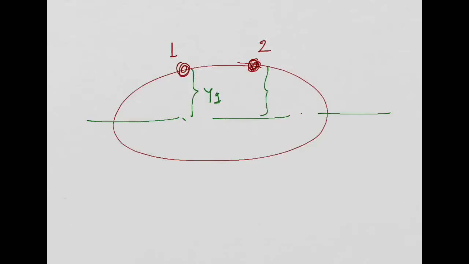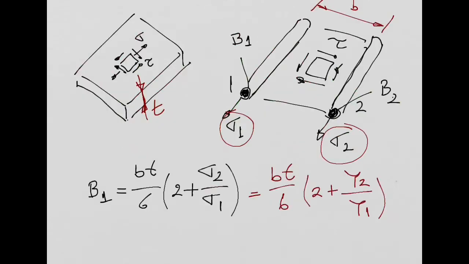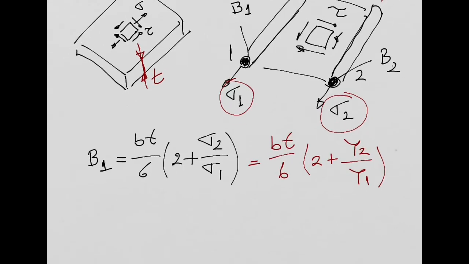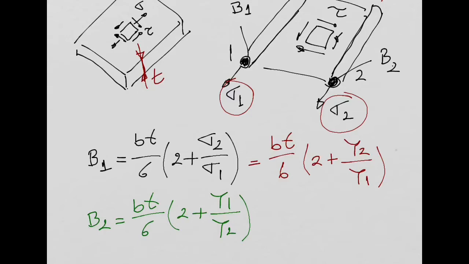This is going to be the distance y2 to the neutral axis, right? And these are the distances we need to include in this equation. And then if we do that, we obtain the area of boom 1. If you want the area of boom 2, you just need to say B2 is equal to bt over 6, times 2 plus the distance of boom 1 to neutral axis over the distance of boom 2 to neutral axis, and then you get the area of boom number 2. Okay? So we did this last week. This is just a very quick summary.